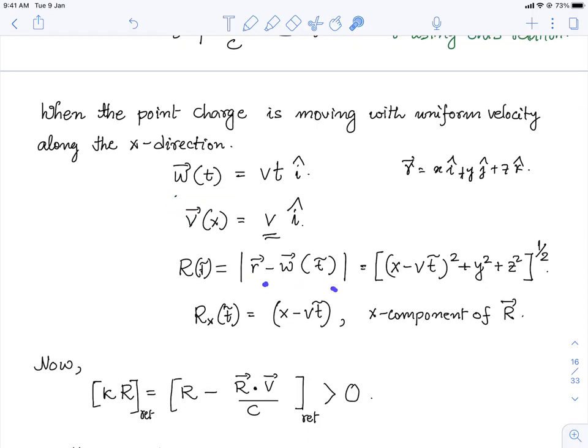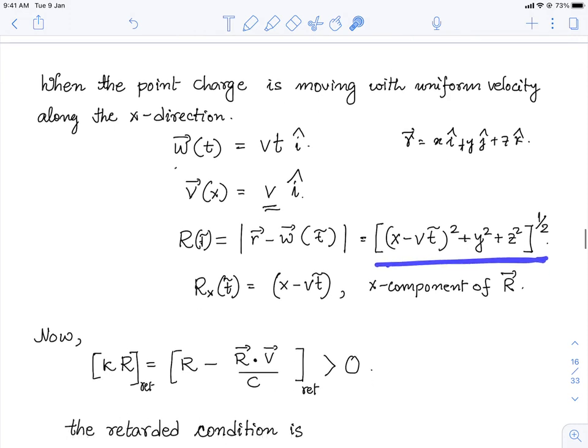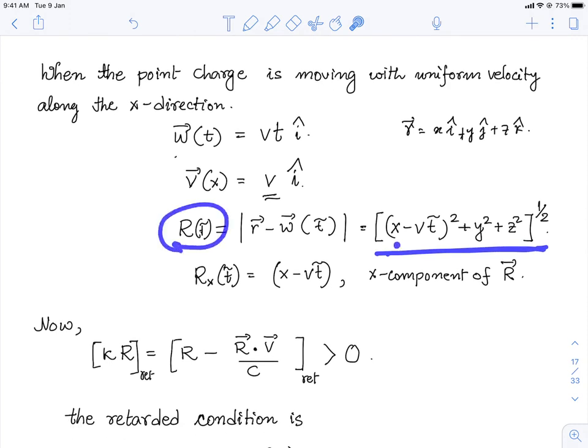That vector is the r vector, and the magnitude of that vector is this thing. If you write it appropriately, it's the square root of x minus vt, squared, plus y squared plus z squared. But this t, as a function of t tilde, is t tilde. That is something you must note, that it is a function of t tilde. So very good.